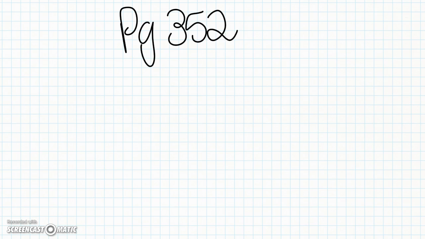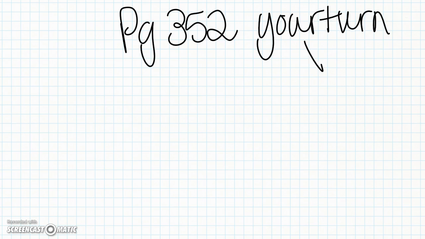With all those, on page 352, if you turn to page 352, that's printed out for you, you're going to do the your turn, and there's a star by it. A rectangle has vertices at 0, negative 2. That's page 352, your turn.